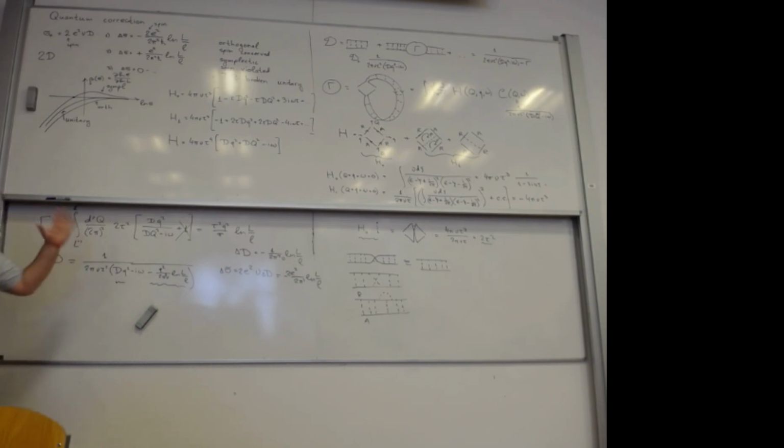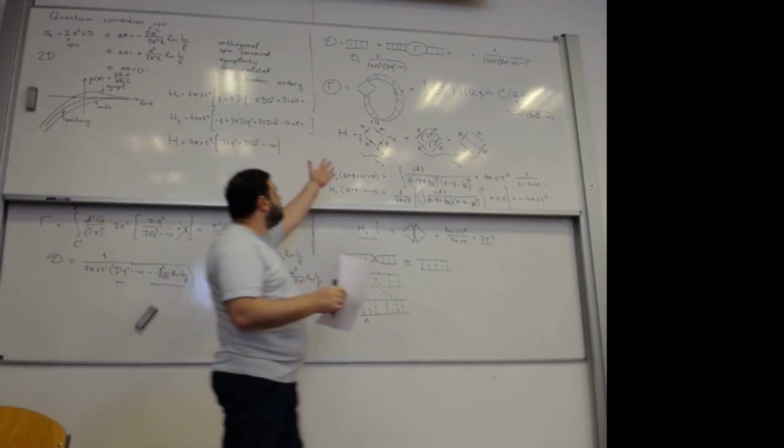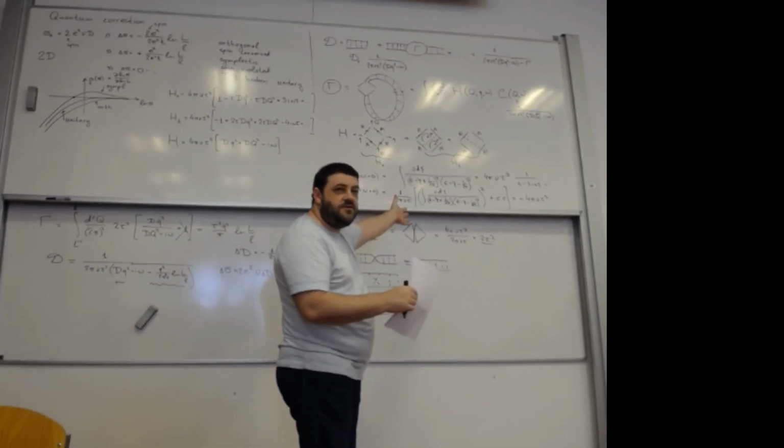Okay, so to summarize, there are 2 alternative calculations. One is the calculation of conductivity and the quantum correction to conductivity. The other one is the calculation of the diffusion propagator and the correction to the diffusion propagator.